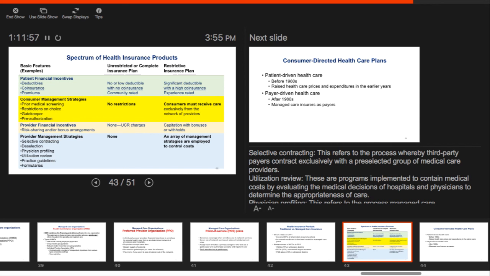The insurers want to keep the least expensive physicians, and they don't renew the contracts of those who are very expensive, prescribing the most expensive drugs or procedures for their patients. So they want to keep the most cost-effective physicians that save money for their insurance companies.